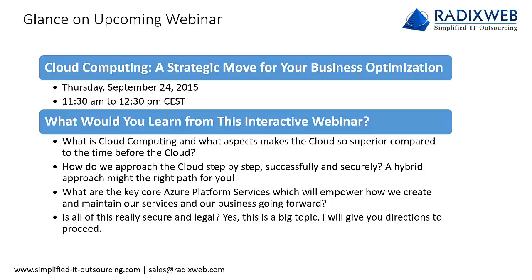Maybe you have a manager in your company that would need to see this webinar. It's going to be me presenting again in cooperation here with Radix Web once more. We're going to talk about why do we do this thing? Why would we want to go to the cloud? What are the benefits of doing it? And what are the powers that we can enable inside of our applications?